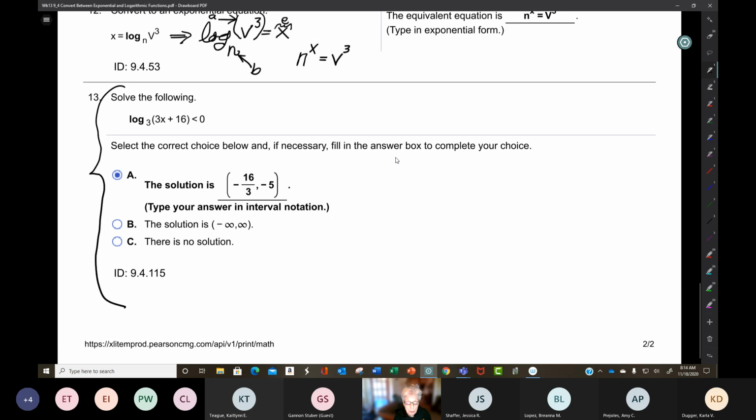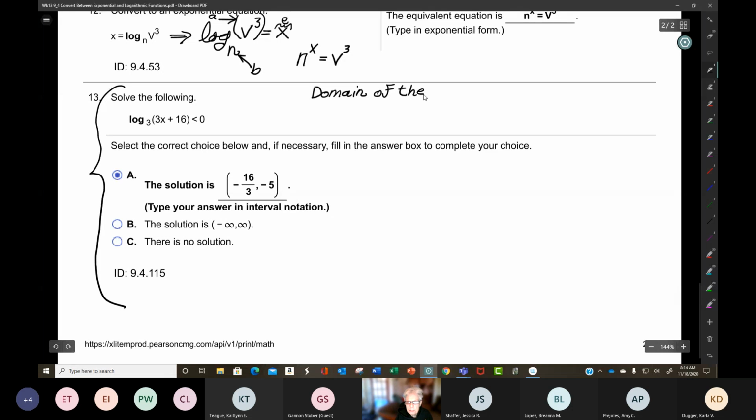Okay. Well, we have some things that we have to learn. Like, what is the domain of the logarithm function? Because that's going to come into this. The domain of the log function.